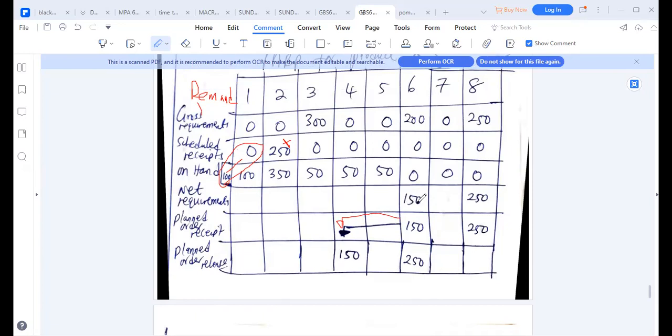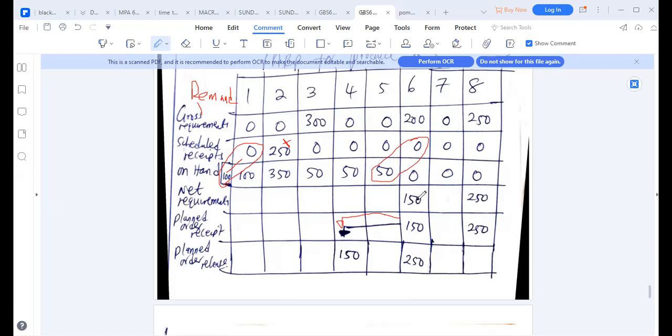this 150, it was because first and foremost here we have a 50 which is on hand plus the 0 here. We aggregate these, we sum up the 50 plus the 0. Then to meet the demand of 200, we have a shortage of 150 units. So this 150 is a net requirement, the shortage units required to meet the demand. All right, because we had a 50 to meet a 200.